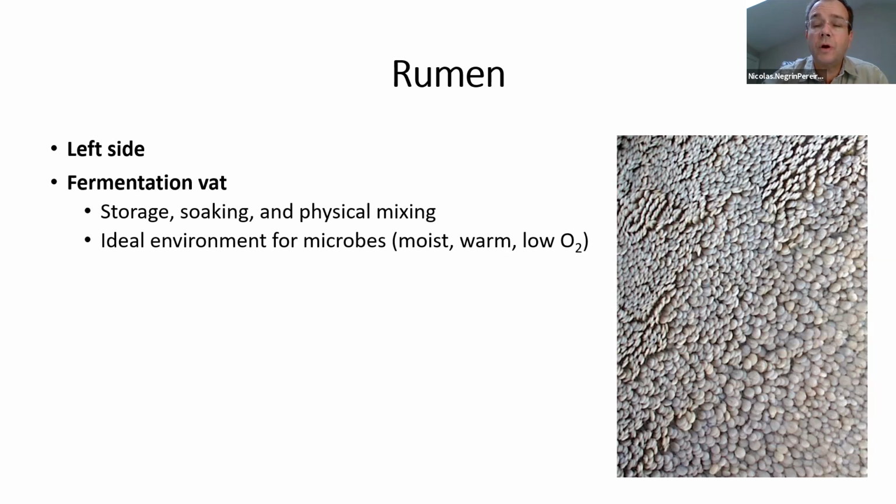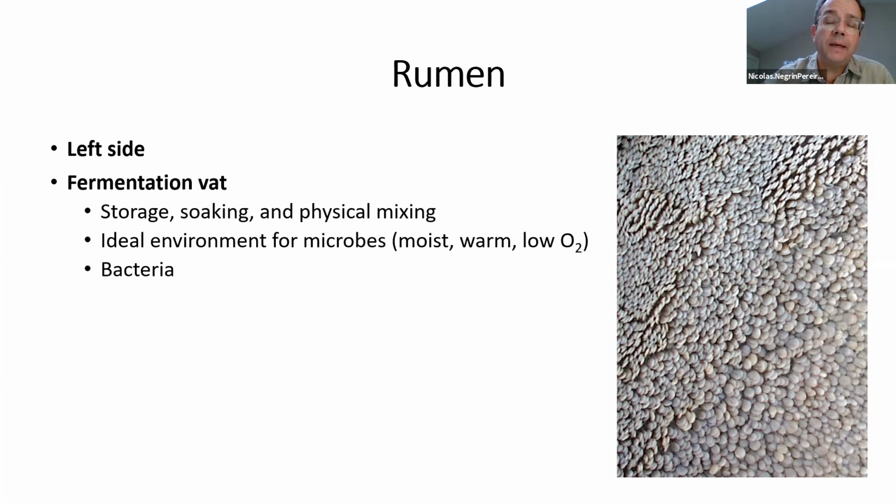It also provides a warm environment and, what is important for most ruminal microbes, a low oxygen concentration medium. We can say that it is mostly anaerobic, which is what these bacteria normally need to grow and proliferate, and of course to be able to digest the fiber that the animals eat.